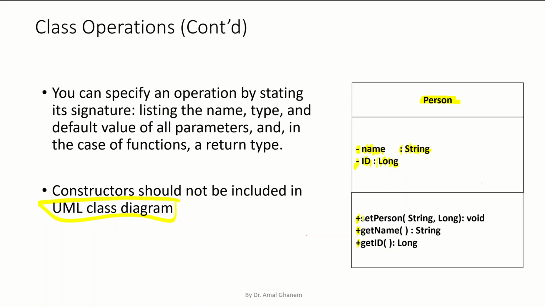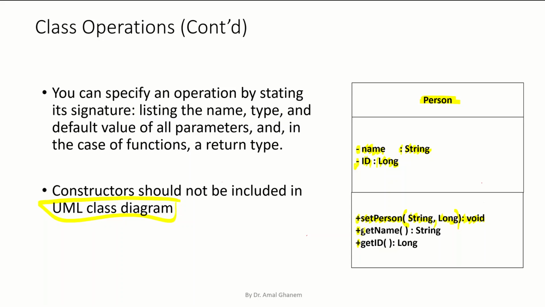So for example, here I have set person as the name. What are the parameters? I open brackets, and then I should have the parameters separated by commas. If I have 2 private attributes, I will have 2 parameters. If I have 8 attributes, I will have 8 parameters. And then colon void, because we know that set will return nothing.